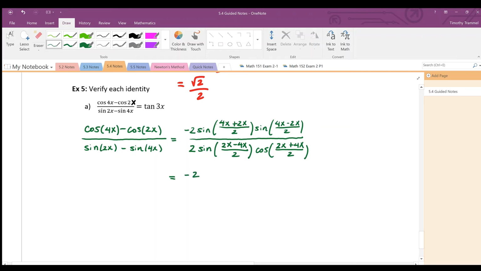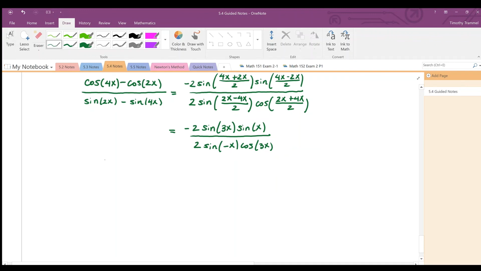So if we start to simplify what's inside of all these trig functions, it should be something fairly nice. So we have sine of 6x divided by 2, so that would be 3x. And then we have sine of x all over 2 sine of negative x cosine of 3x.